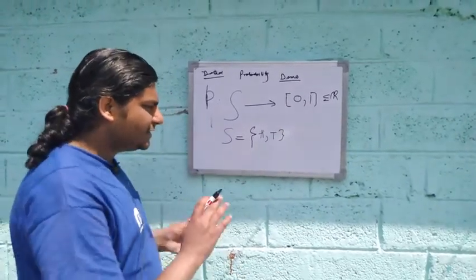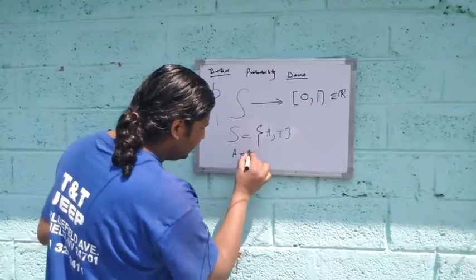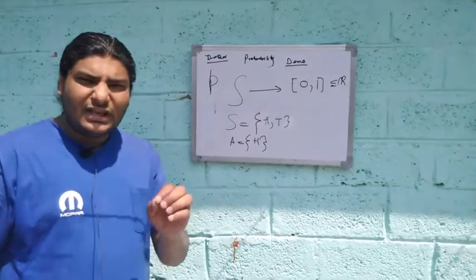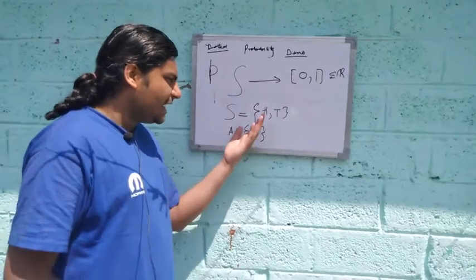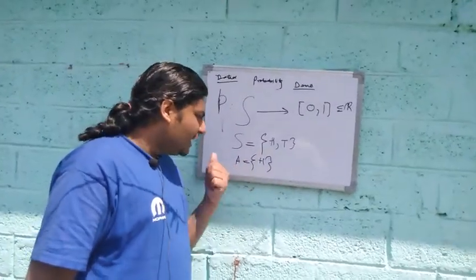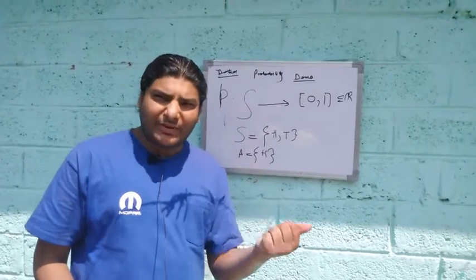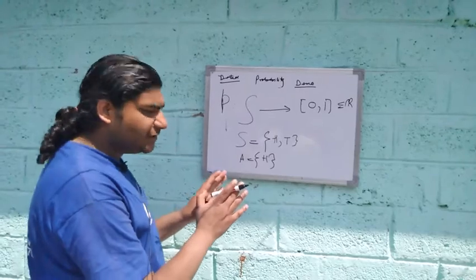So for instance, I define A to be the event that is the number of heads. Since I have done a very elementary experiment, I have only two outcomes: one is head, another is tail. So let A be the event, equal to the number of heads, H being the head. What is the probability of occurrence of this head?